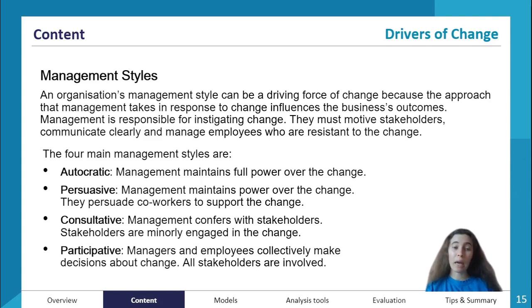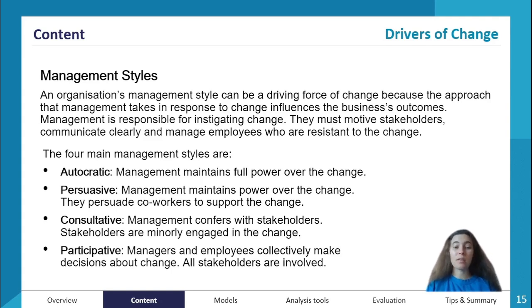So the four main management styles that you need to know are autocratic, which is where the management is maintaining full power over the control. Persuasive, so this is where management is still maintaining power over the change, but they are doing this persuasive kind of process to get co-workers to support the change.